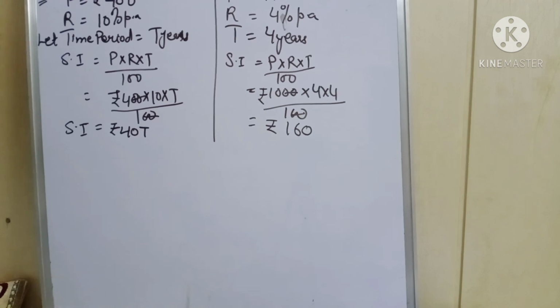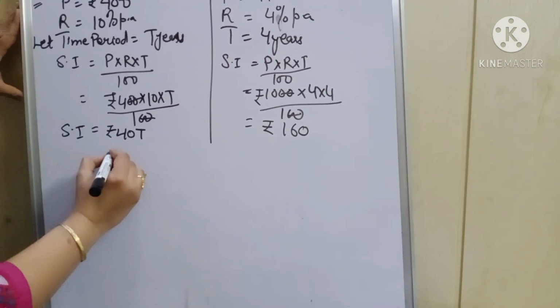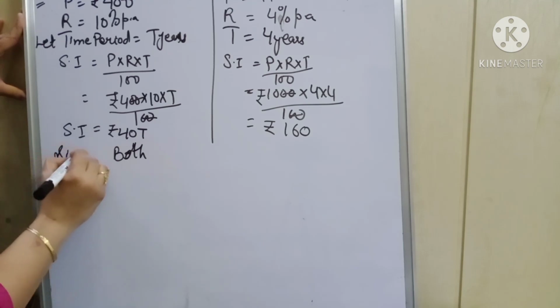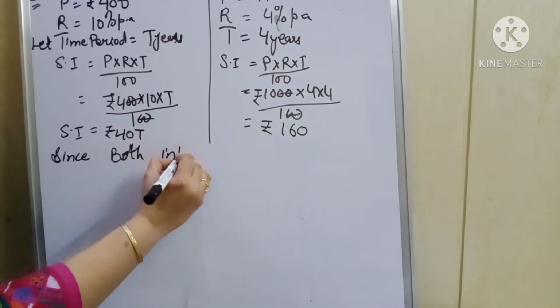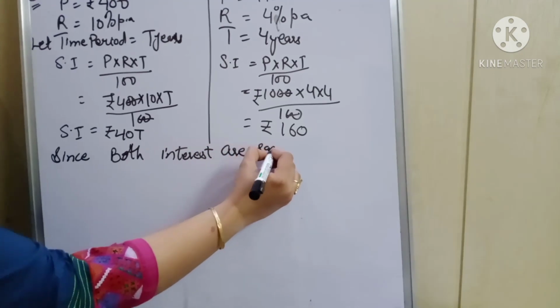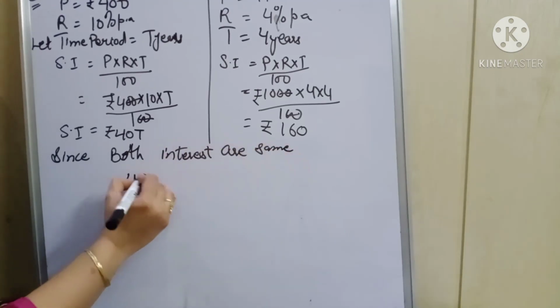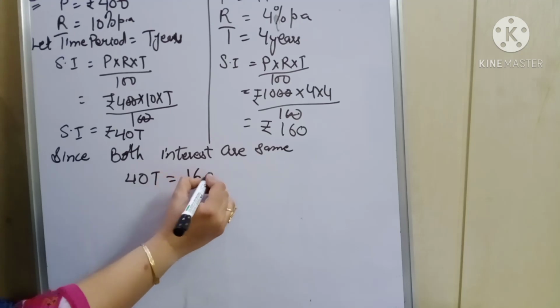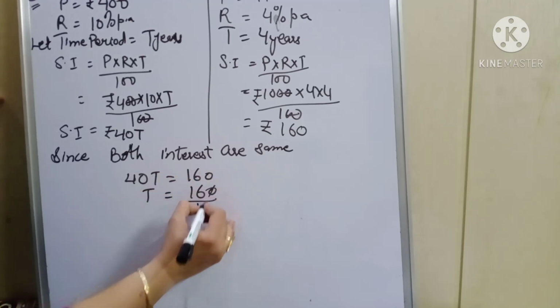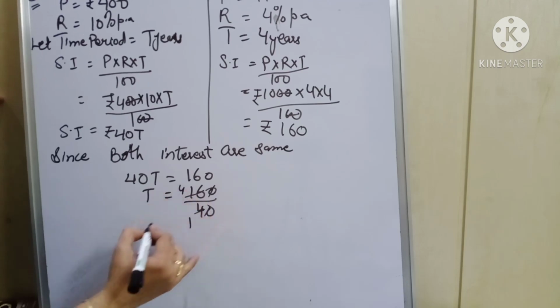So what can we do? Since both interests are the same, it means 40T is equal to 160. Time period is equal to 160 by 40. 0 and 0 cancel. 4 1s are 4. 4 4s are 16.